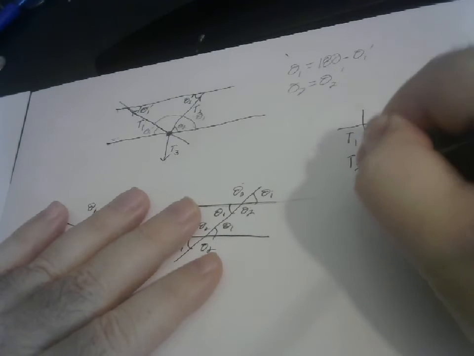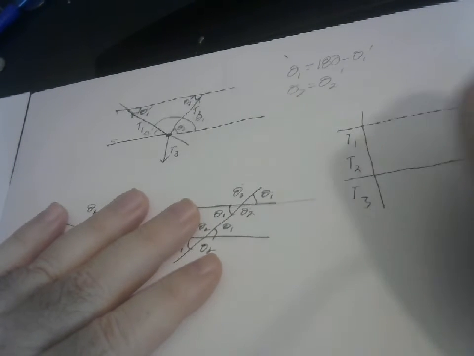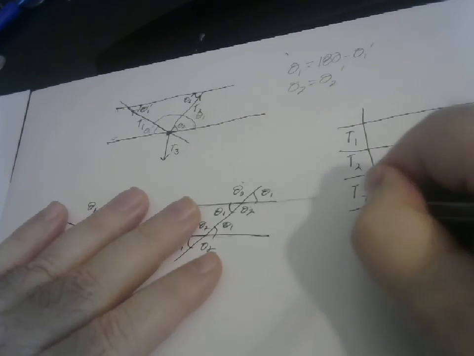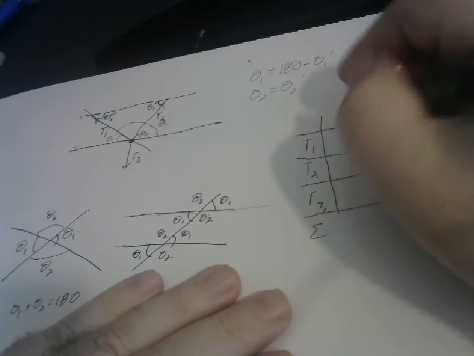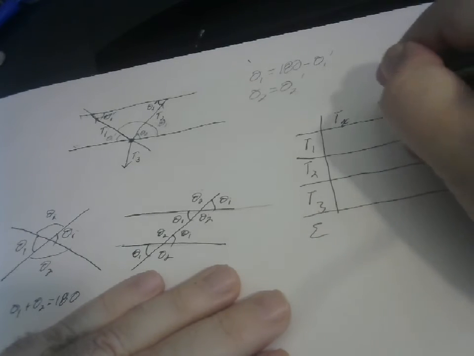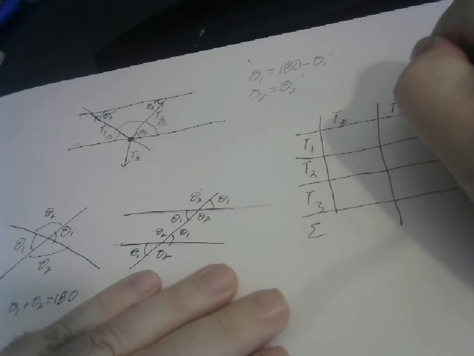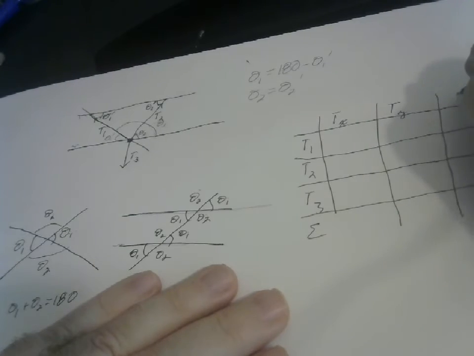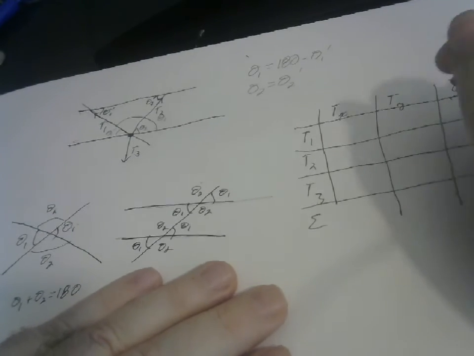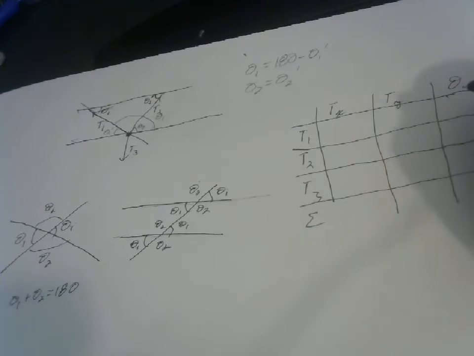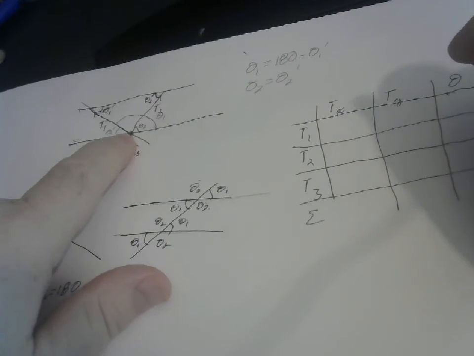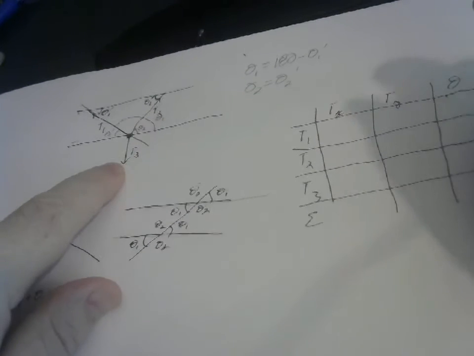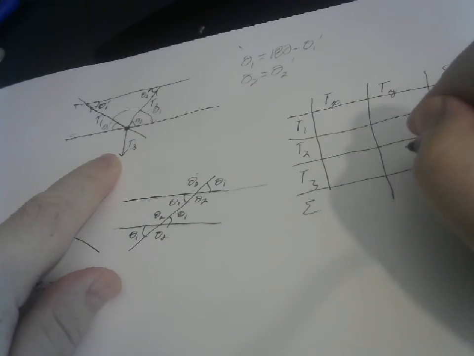Now let's break T1, T2, T3, and maybe their sum, into their x and y components. T sub x, T sub y, and even theta, the angle of the T. So T3, first of all, was 100 newtons straight down.